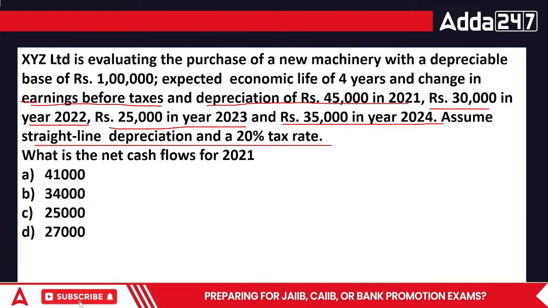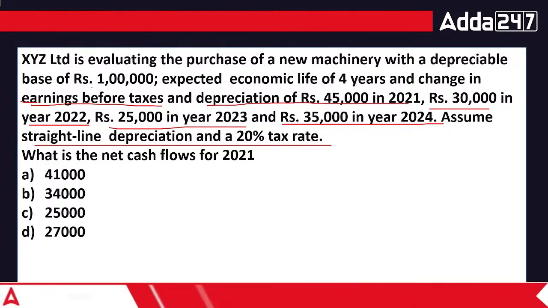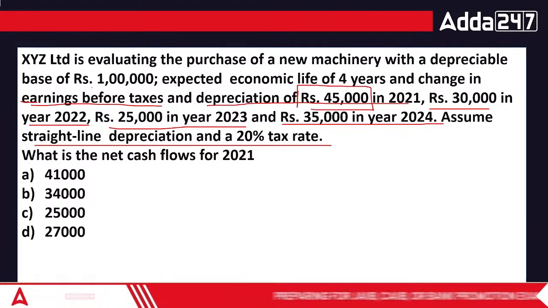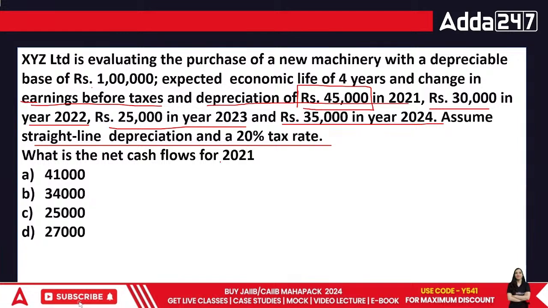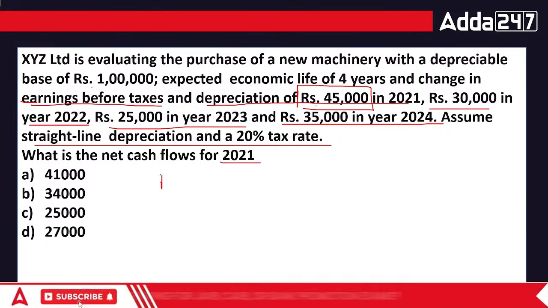How do we deal with this kind of question? You know that your earning before interest and tax is 45,000. You pick this up, they are looking forward towards 2021 only. You pick this up from your EBIT, everyone. First thing is your EBIT.